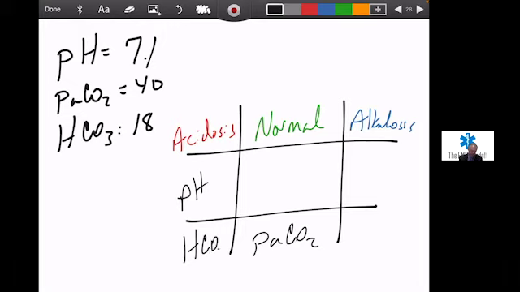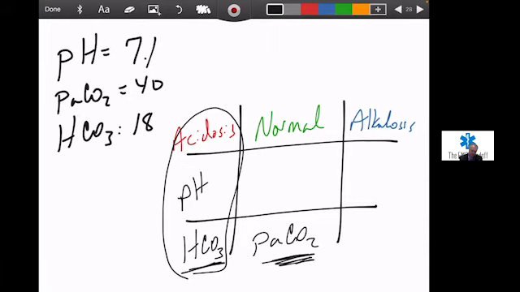So this is associated with metabolic. Tic Tac Toe, 3 in a row. So metabolic acidosis. And we notice that this pH hasn't gone anywhere. So this is metabolic acidosis with no compensation.